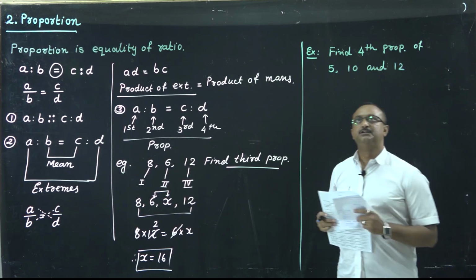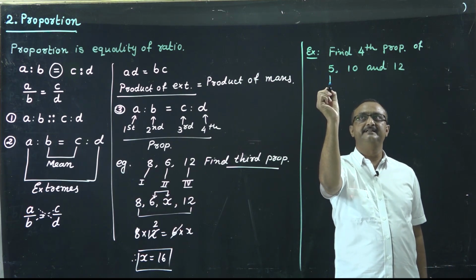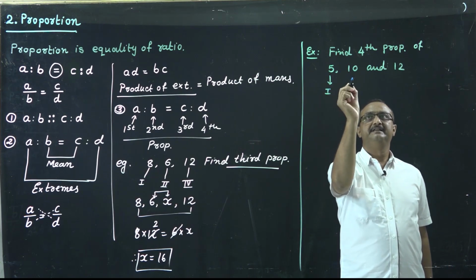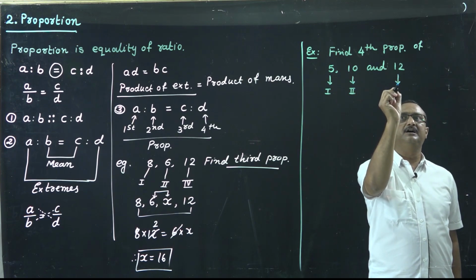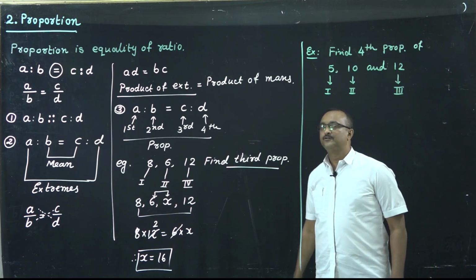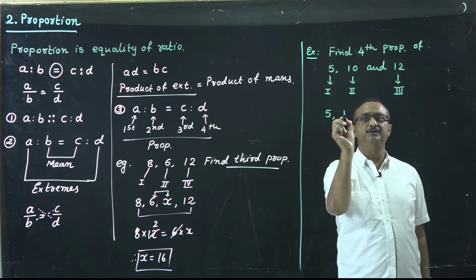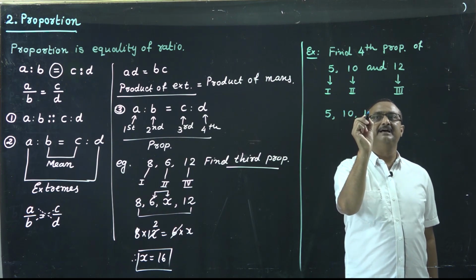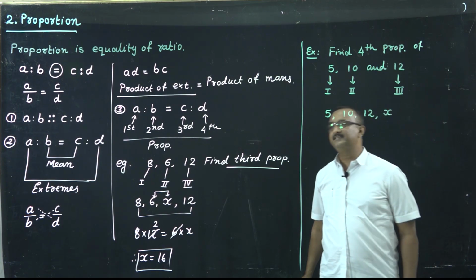So we have to find fourth proportion. See, it is first proportion, second proportion, our third proportion, and the question is asking for fourth proportional. So we can write first proportion 5, 10, 12, and let us assume that fourth proportion is x.